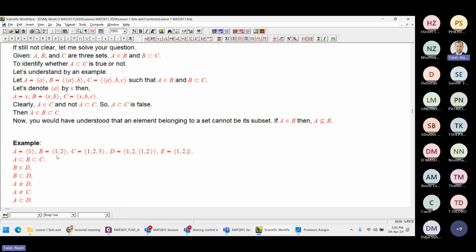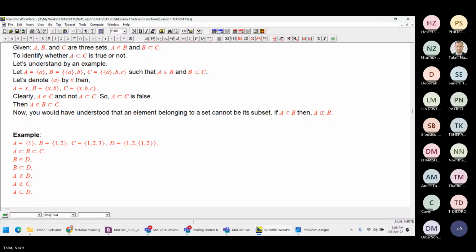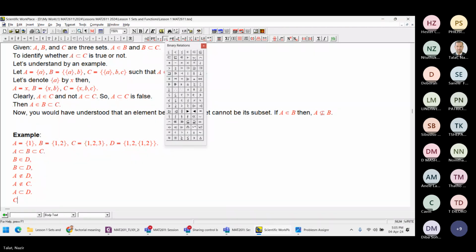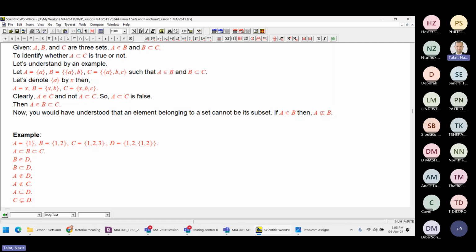A is a subset of B, A is also a subset of C. You have noticed that if we make D like this, C is not a subset of D. Why? Because there are some elements in C which are not in D.